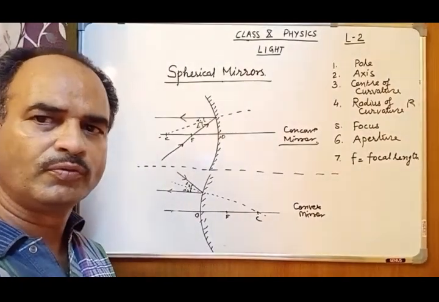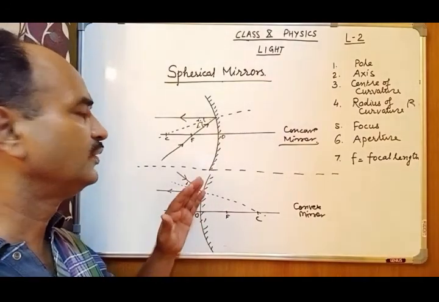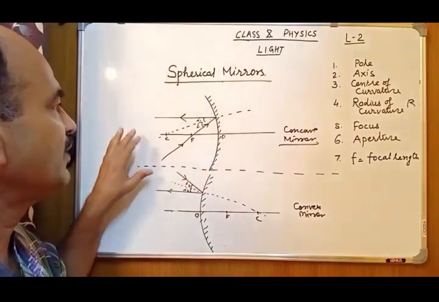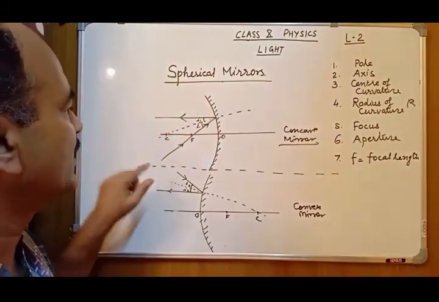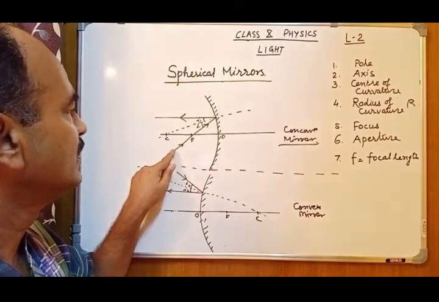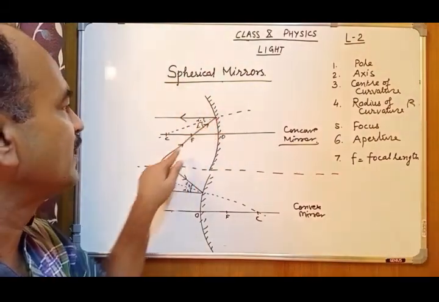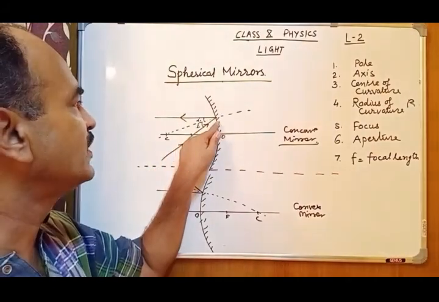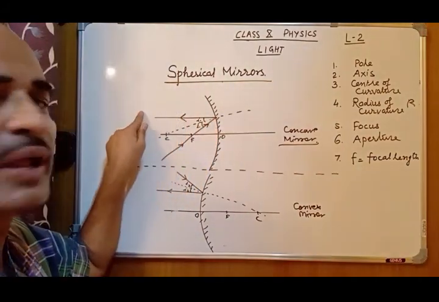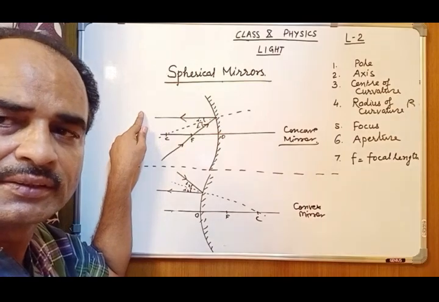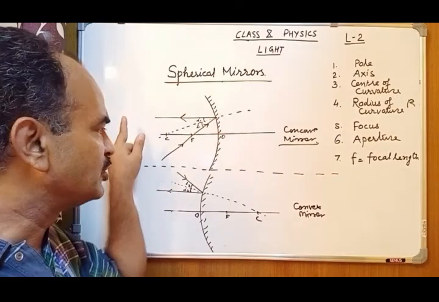So we have seen different scenarios: in the case of a concave mirror, if a ray falls on the mirror passing through the focus point, then after reflection it will become parallel to the principal axis.